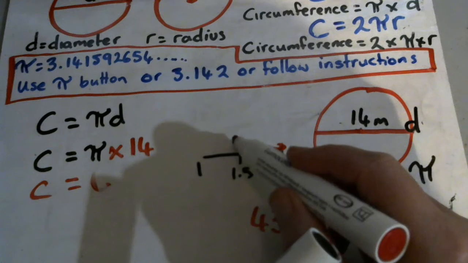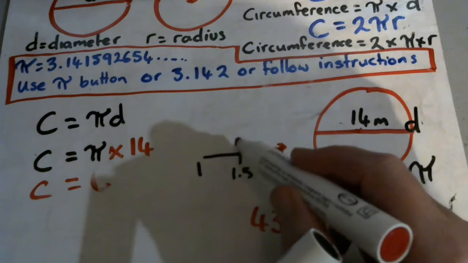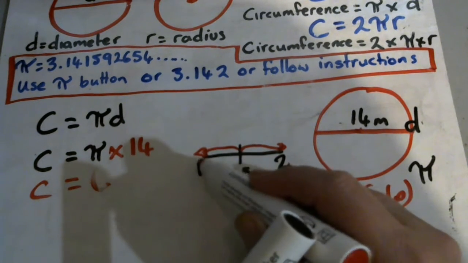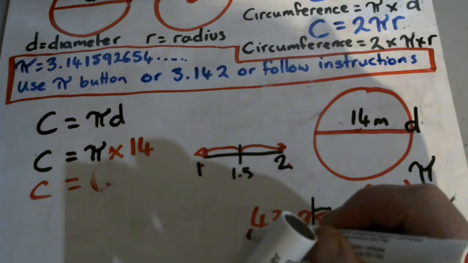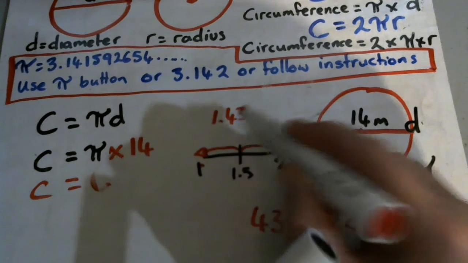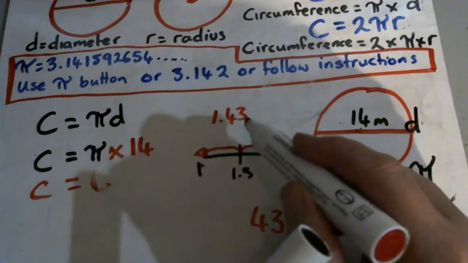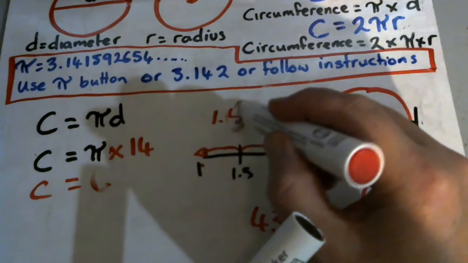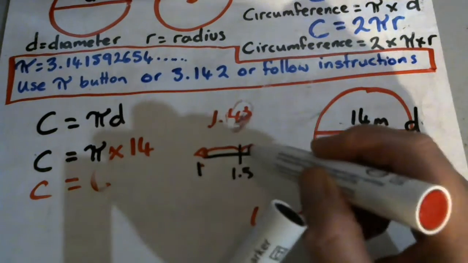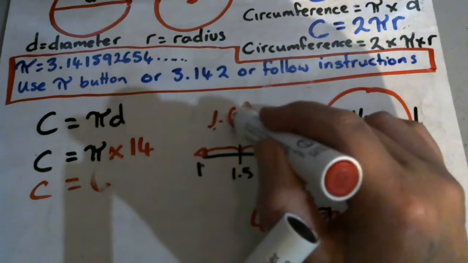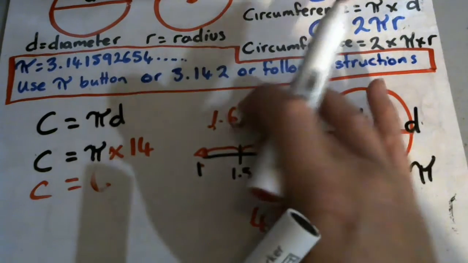If it was a 0.4, so if it was a 4 or less, it stays where it was. So in this case, if I had 1.43 and I wanted to round that, it would stay the same. If it was 1.6, it would go to 2.